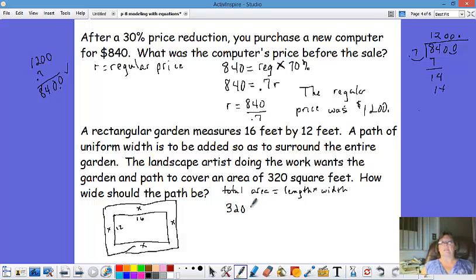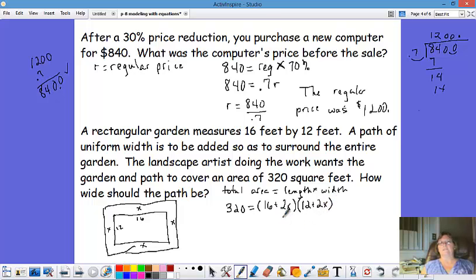So here's that. The length of this garden, well, it was 16 feet long before, but we've added x on both ends of that. So the length of this garden is now 16 plus 2x. The width of this garden was 12 feet. We've added x onto both ends of that, so now we're talking 12 plus 2x.